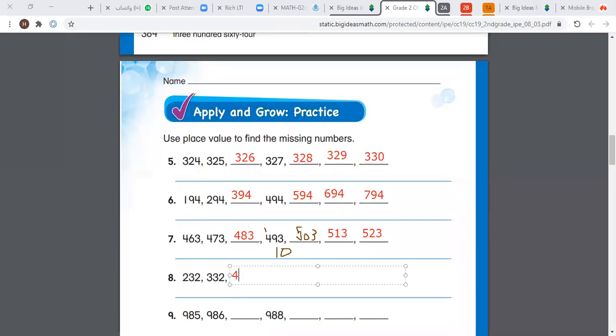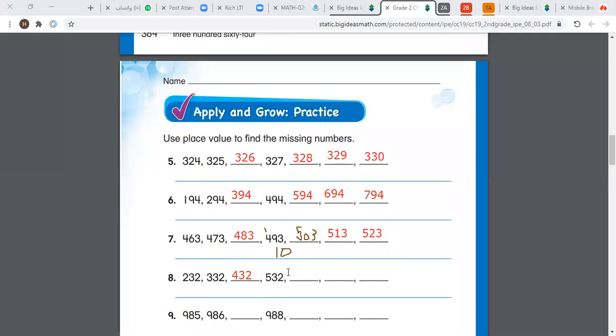400. No, 300. Sorry, 400. Yes, 232, 332. The next one, 432. Okay. Then 532.